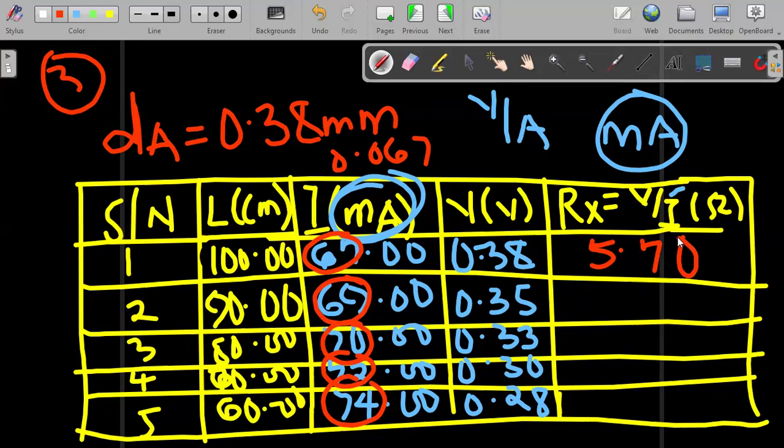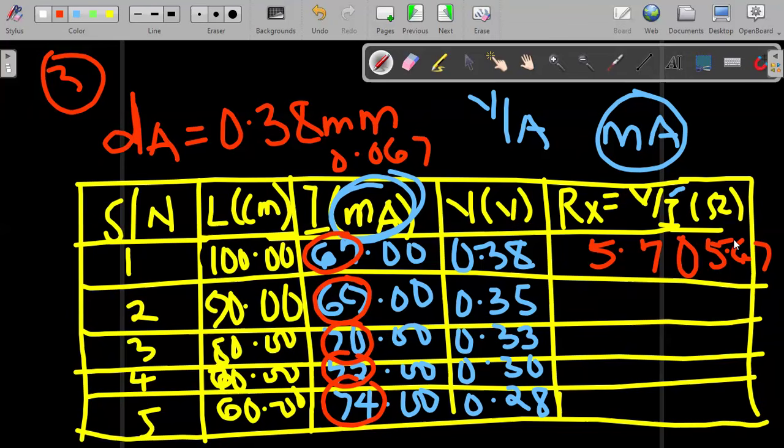If we want to write 5.67, we write 5.67. You can still write it as this. You can approximate it to 5.70 or 5.67. It's your choice. You understand?